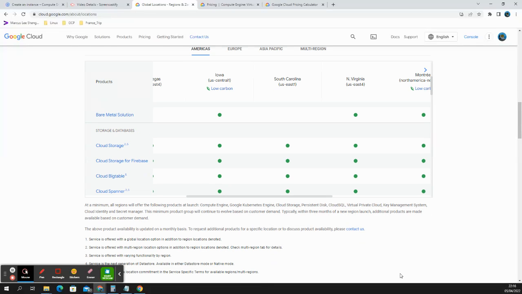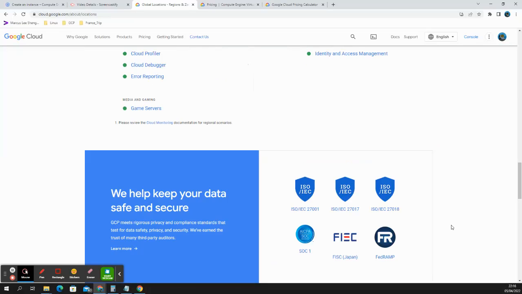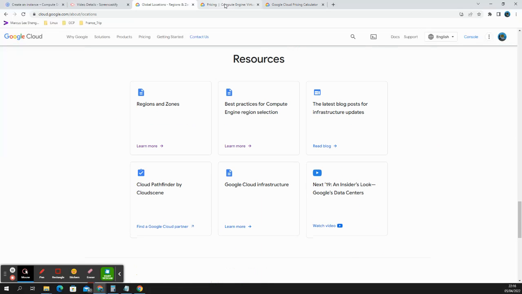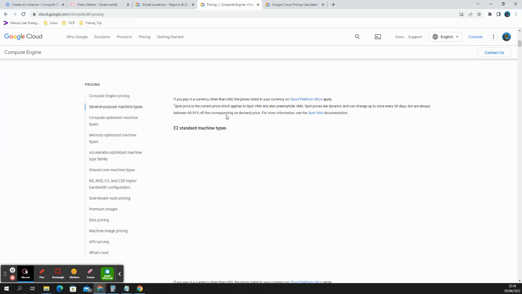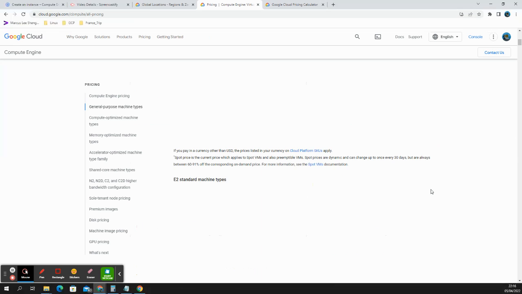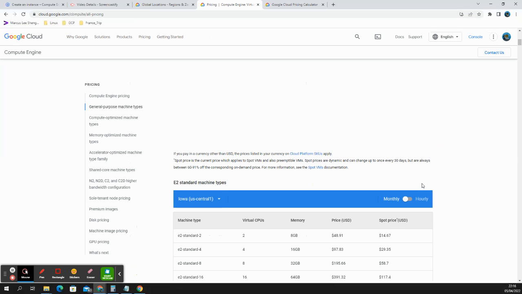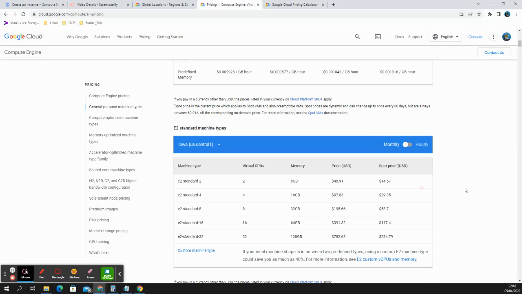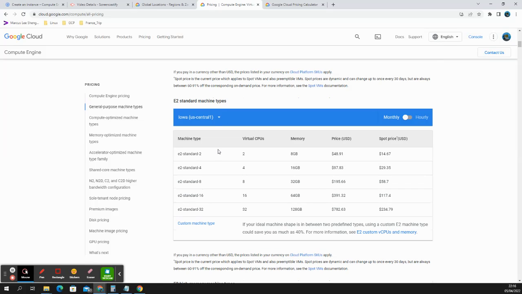Sorry about that, it will be on the other tab. So let's go to this one here. I'm now going to flick the E2 standard 2 over to Los Angeles. Notice the price at the moment is $48.